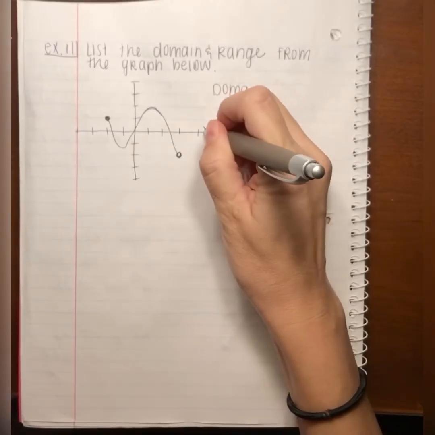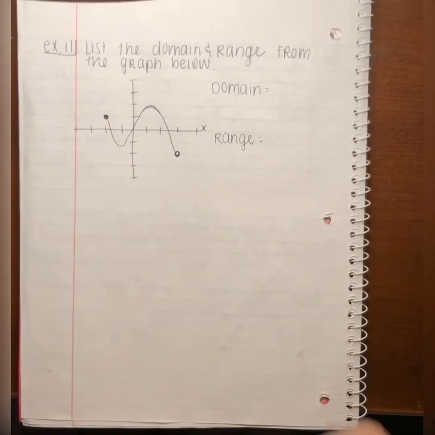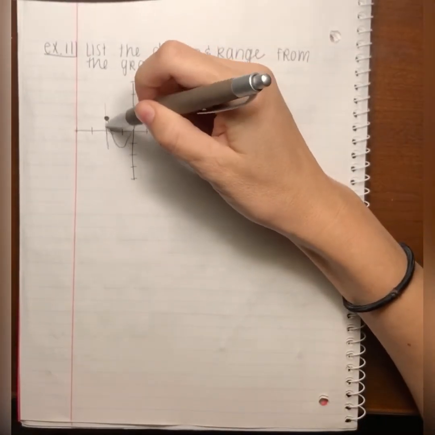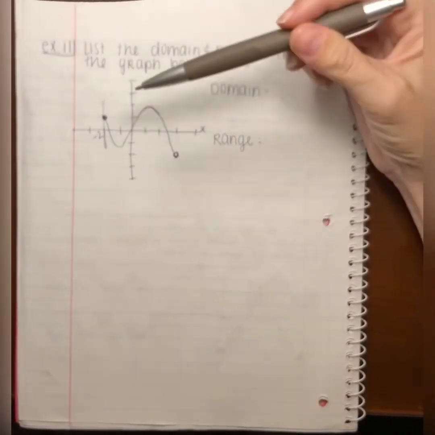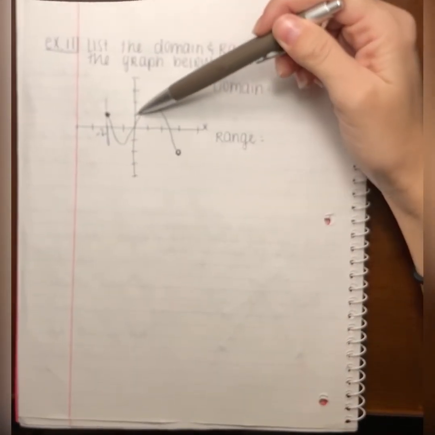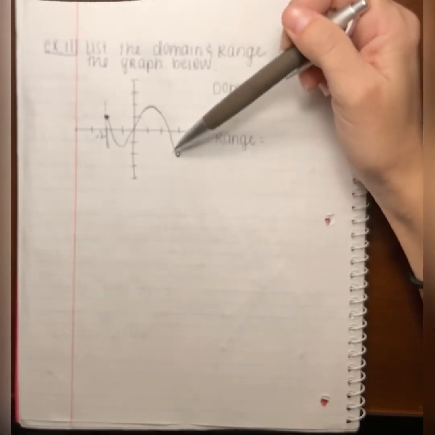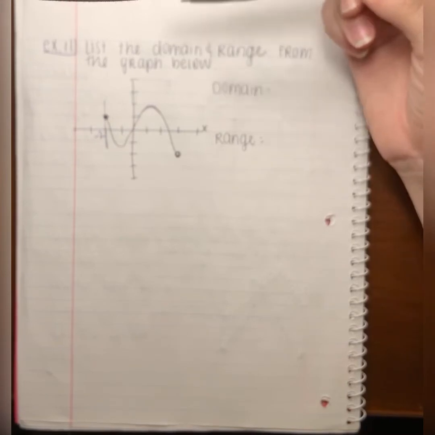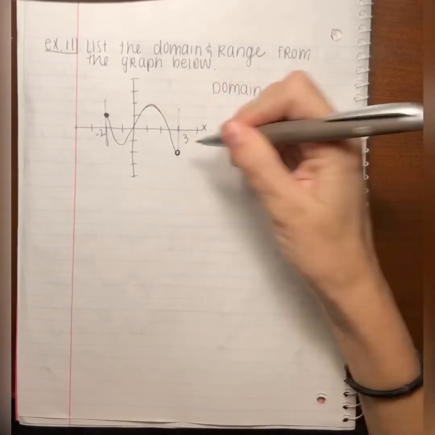Our domain, looking at our x-axis, the furthest to the left this function goes is at this endpoint, which is at -2. And the largest value our function will have, the largest x value, would be right here at 3.